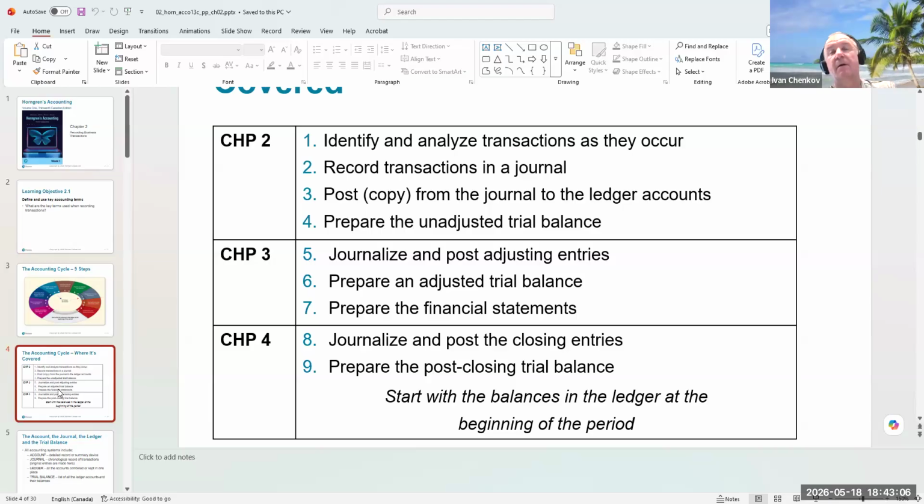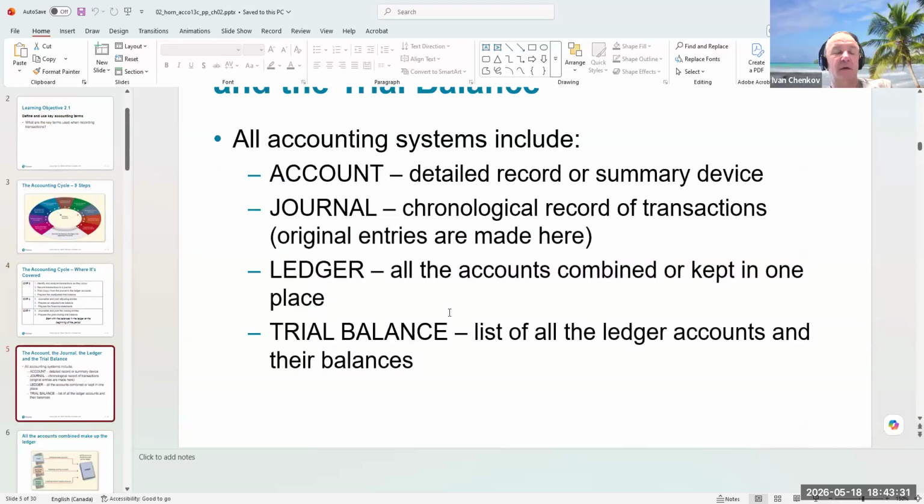We're going to prepare the adjusted balance and prepare financial statements. And in chapter 4, we're going to start closing. Some of the accounts on the adjusted trial balance have to be closed and prepared for the next period. So that's everything that we're going to do before the midterm, and then we're going to do the midterm on all those ideas. So let's go first.